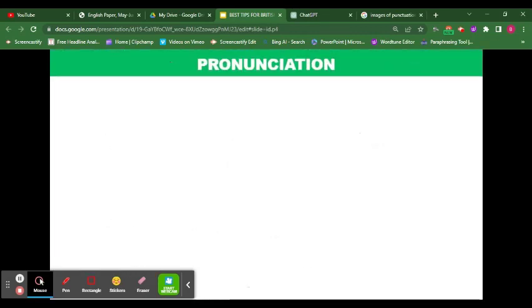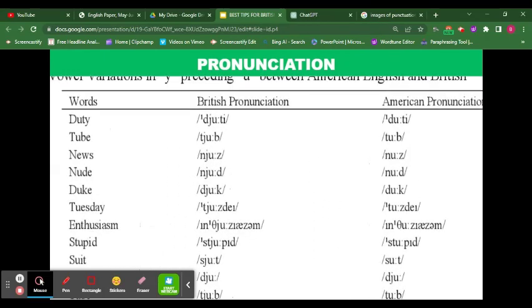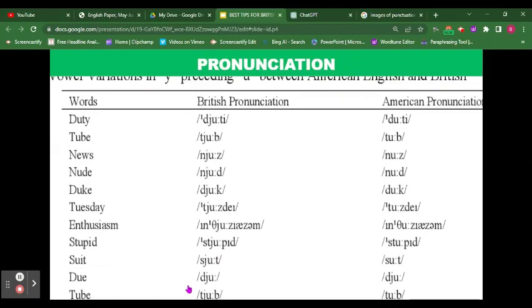Now, moving further, we want to look at other things in greater detail. Here we have words, we have British pronunciation, and we have American pronunciation. Now, the word duty, D-U-T-Y, is pronounced duty in British English. In American English, it is duty. Then we have tube.